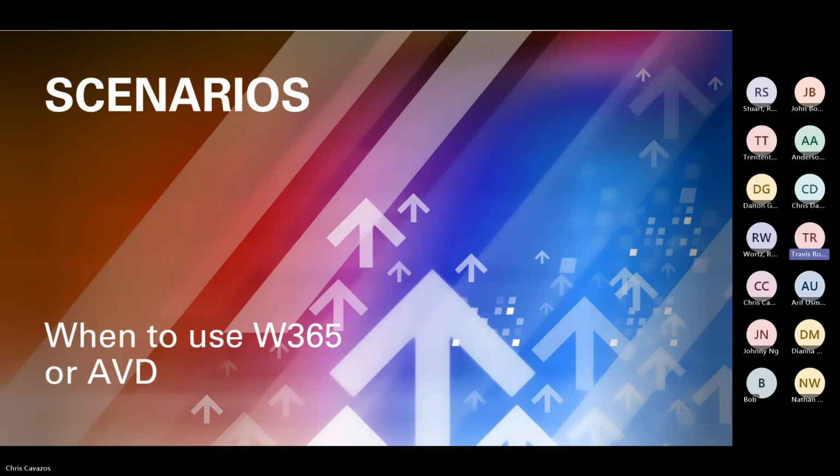Well, with Windows 365, there are two different ways of configuring the networking. One is to use the Microsoft managed network, and whatever region you select for that network is where the actual machine is deployed. But you can also use an Azure VNet.